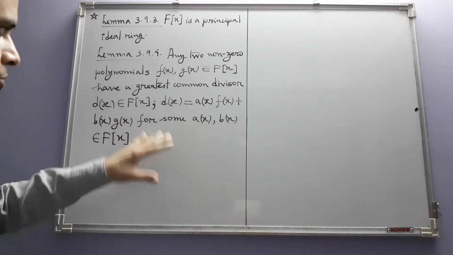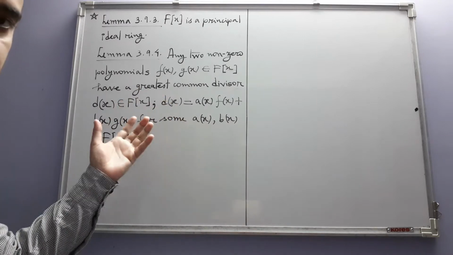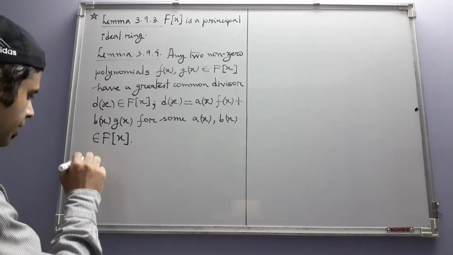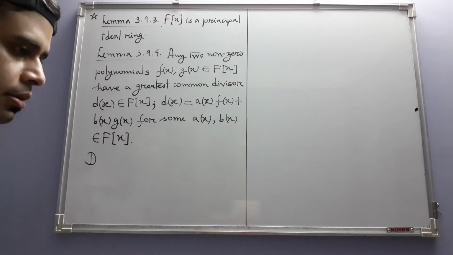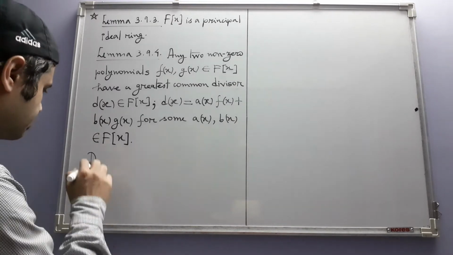So proofs of these results we have already seen when we studied Euclidean rings in general. Okay, now having seen these, next we define something that is like the concept of a prime element in a Euclidean ring.